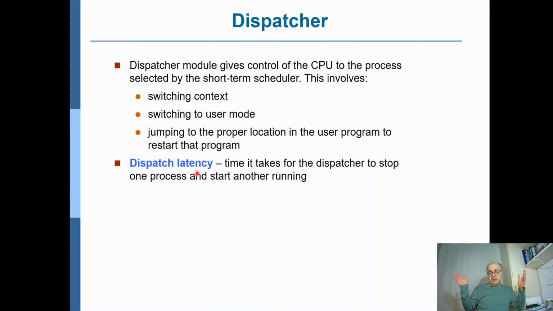If you look at the CPU time that's used in the system, some of it is for the overhead due to the dispatcher, and the rest should normally be for the processes that do the useful work. And we would like to diminish the ratio of this dispatch latency. So that means the dispatcher should be quite simple, and it should be very fast, so that we have low dispatch latency.